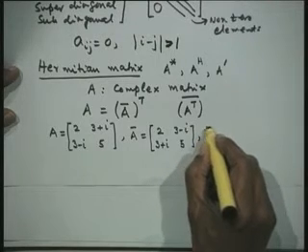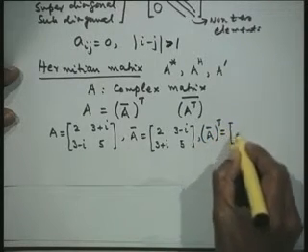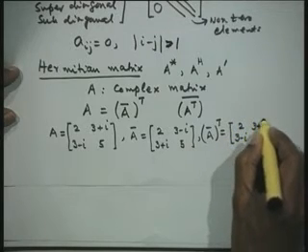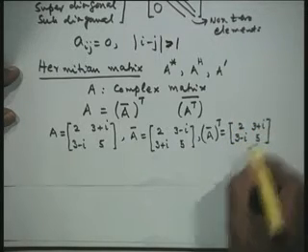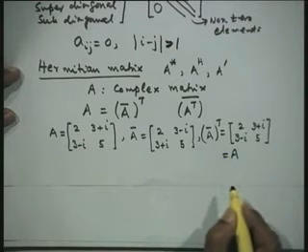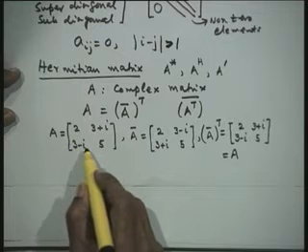Then let us take the transpose of this matrix. The transpose of this is 2, 3 minus i, 3 plus i, and 5, which is same as A. Therefore, this is a Hermitian matrix.